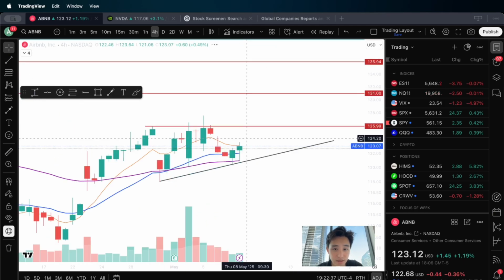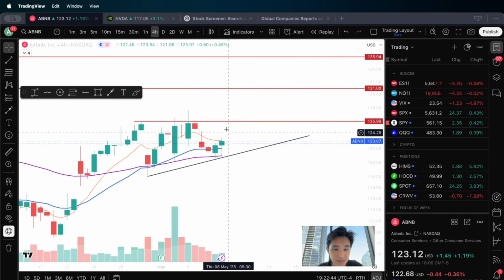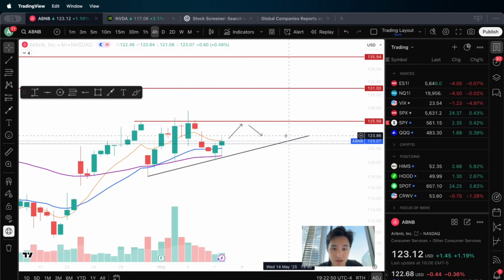It's not as clean on Airbnb here, but there's a clear resistance spot at this 125, 126 area, and it just needs to tighten more. Clearly, this is telling you that it needs to consolidate a bit more before finally deciding. This is the type of compression you want to see if you're trying to trade it right. So once you get that level and we're right under it, as soon as it breaks out past that, that's your trigger to enter.